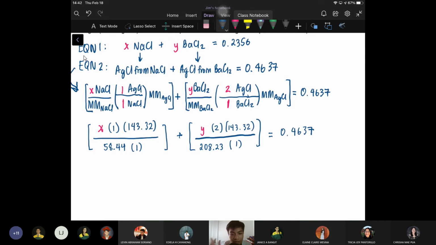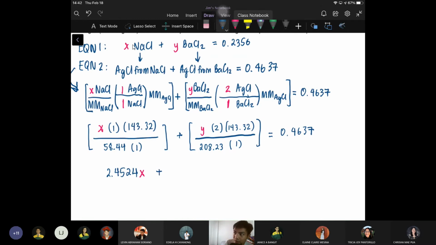So, yung x hindi nyo ito-type sa calculator, just the number. So, that's 1 times 143.32. Nasa denominator will be 58.44 times 1. So, that will be 2.4524x. Ginawa ko na lang 4 decimal places. Ang daming numbers eh. Okay lang naman yun.